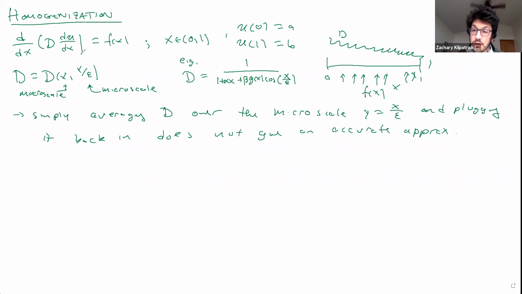And so in order to figure out how the microscale oscillations in our parameter emerge in our macro scale problem, we needed to go through this method of multiple scales approach.